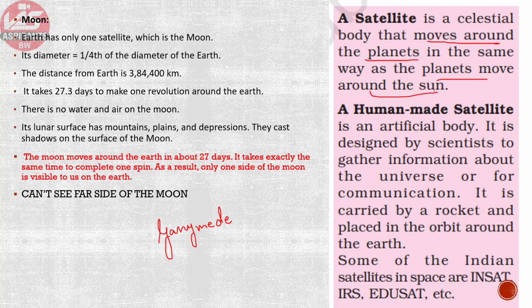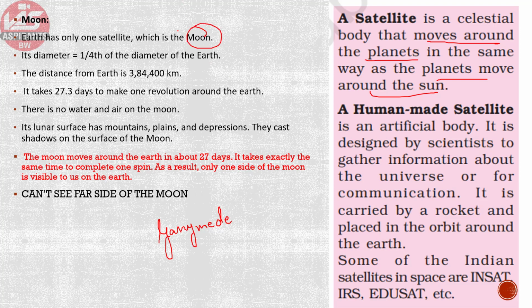They are orbiting around the sun, right? But there are some bodies that move around the planets, just like the planets are moving around the sun. Such celestial bodies are known as satellites. The most common example that we know of is our moon, because Earth has only one natural satellite, which is the moon.